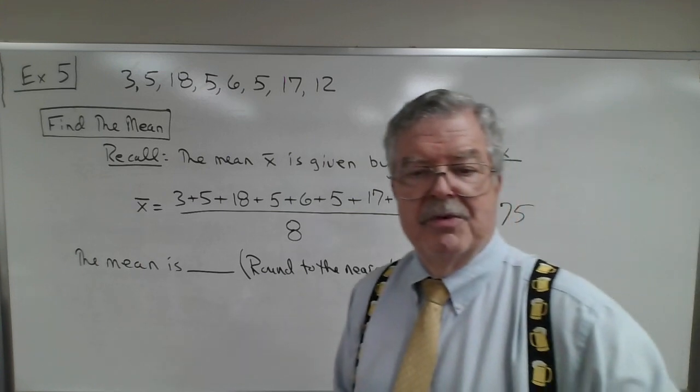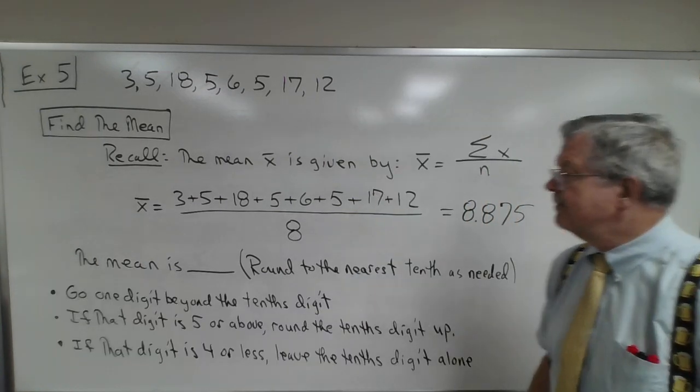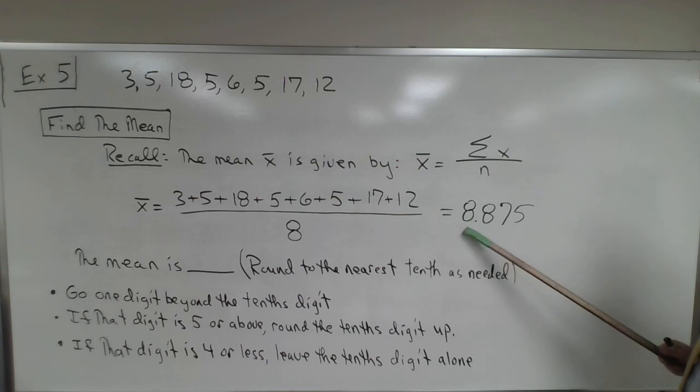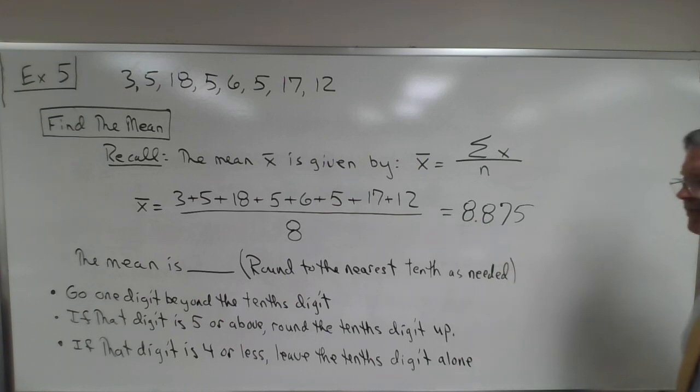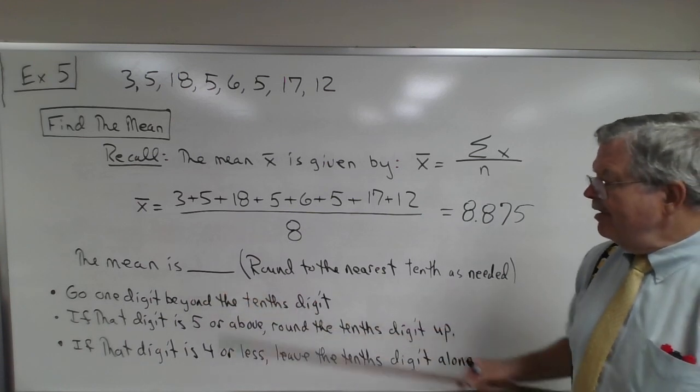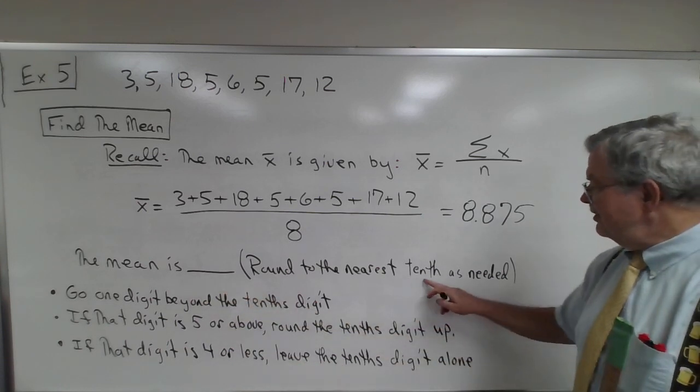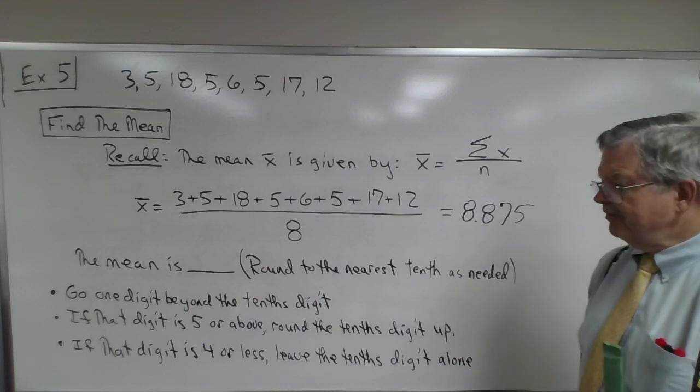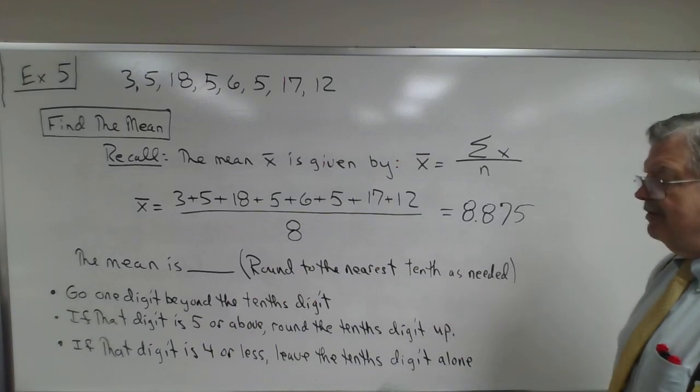So let me write down the rules again. We've computed the mean, approximately 8.875. Now we have to enter our answer, but they want us to round to the nearest tenth. So here's how we do that.